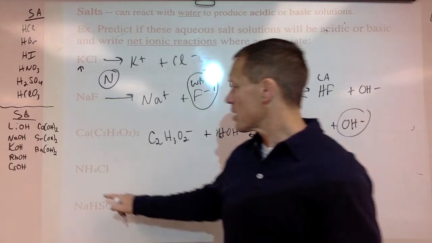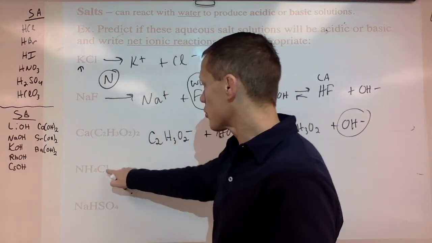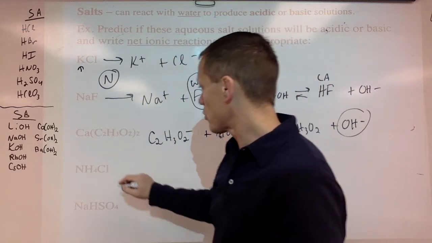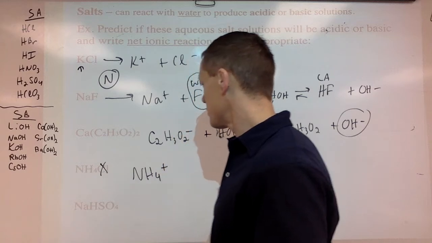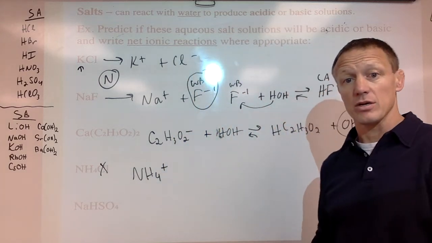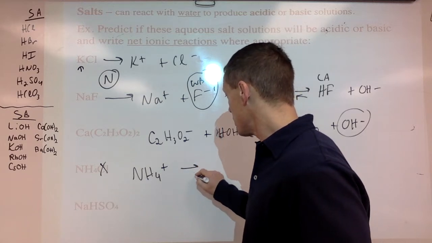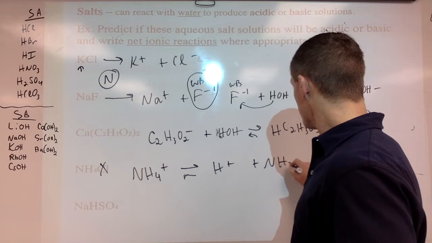We look down here. The ammonium ion is not part of this. Chlorine is part of it. So chlorides don't affect pH. Ammonium ion does. You can either show how this just can produce hydrogen ions, you can put it plus water, or you can just show it making H plus and NH3.